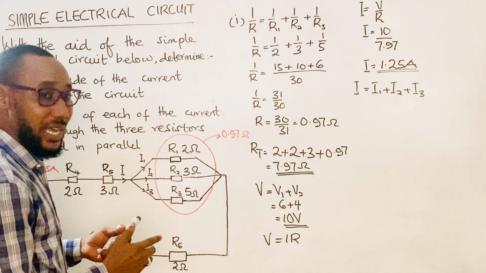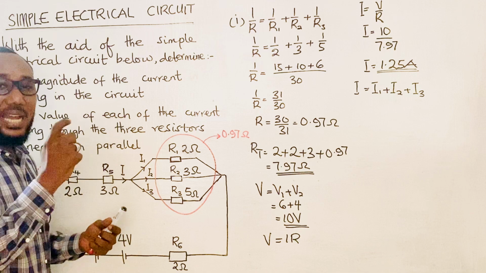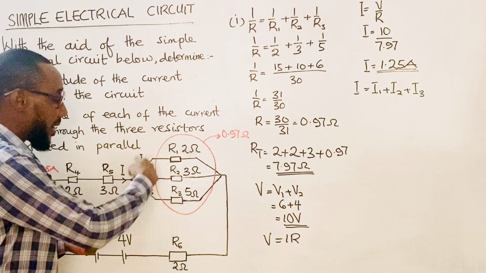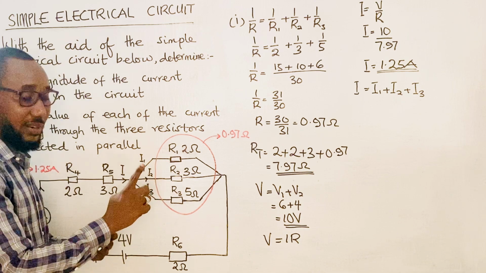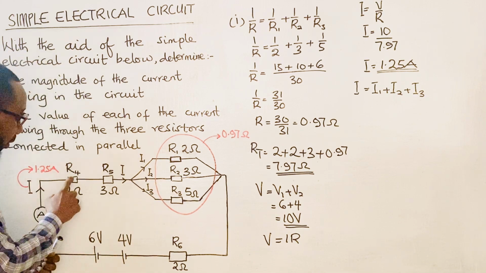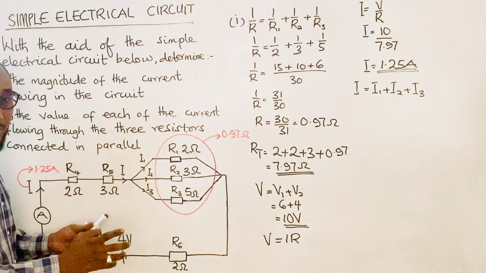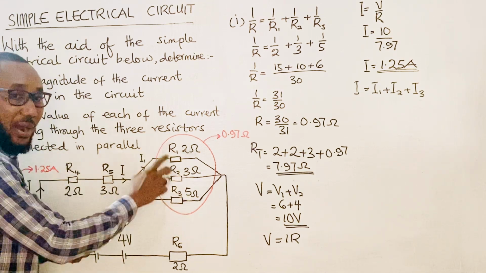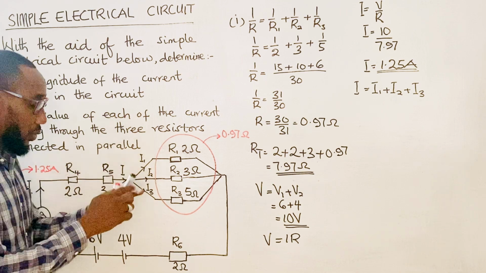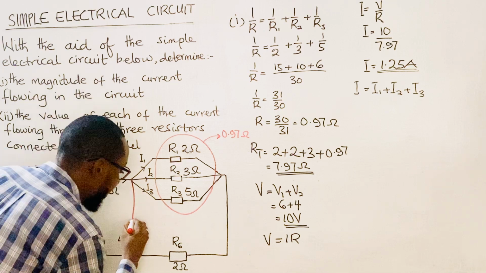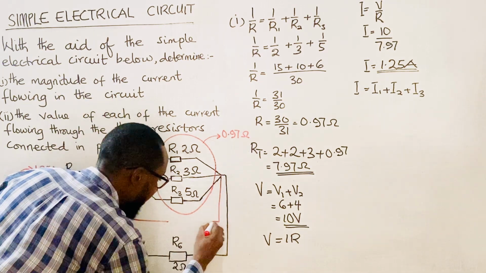Now, in order to do that, we must find the potential difference across that parallel connection. When we take resistor 4, resistor 5, resistor 6, these three connected in parallel will have a single potential difference across their ends.